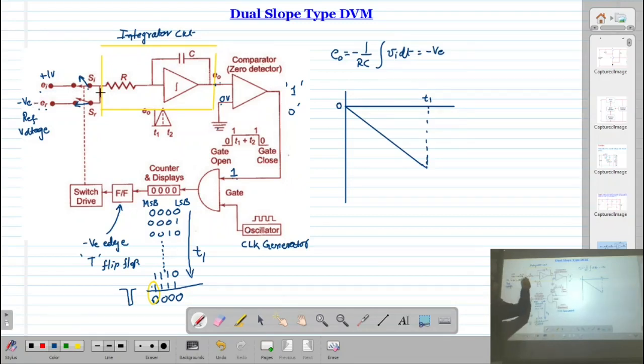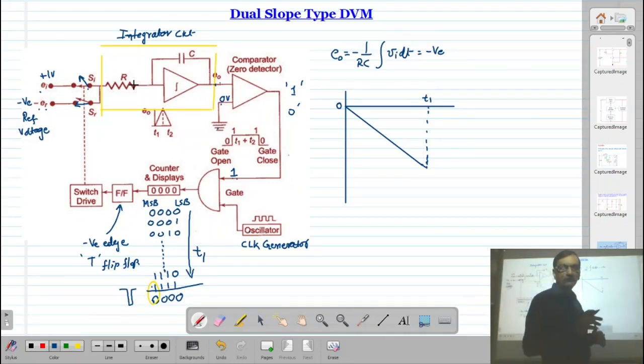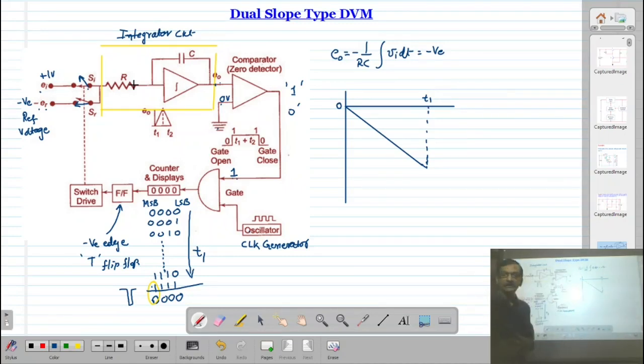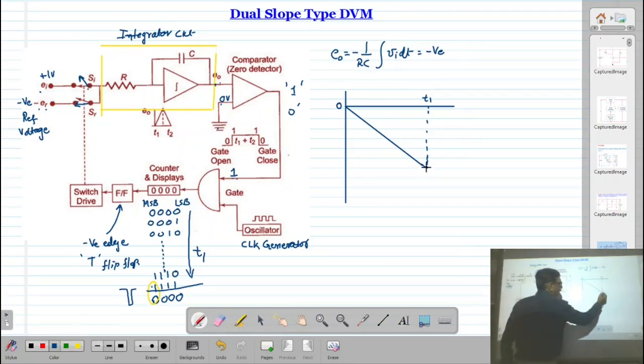So a negative voltage is given to the integrator circuit. So with a negative reference voltage, what will happen? The slope of the graph will be positive. Here, whatever the output voltage is, initially what was the output voltage? It was this much. This is the output voltage, correct?